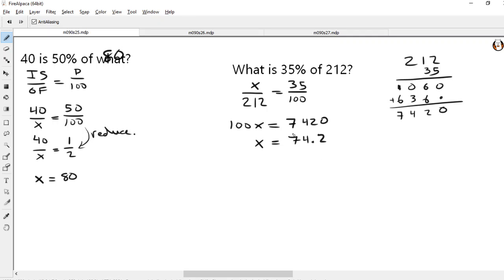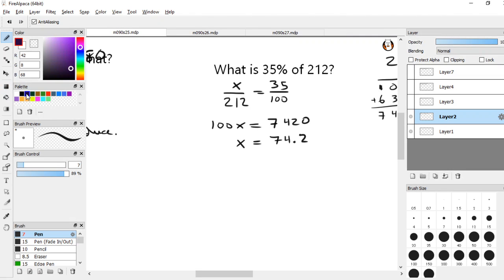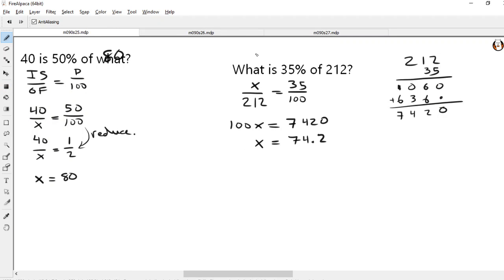X is 74.2. Notice that we could have solved this one by x equals 0.35, directly multiplying 212 times 0.35.